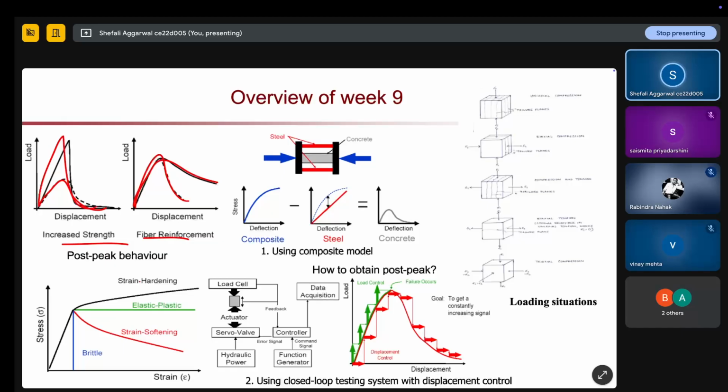In the brittle case, once it reaches the peak position, it will suddenly fail. If it is coming in this direction, we call it strain softening. If it is going in this direction, it is strain hardening, as we see in our steel system. And if it goes like this and then straight, it is the elastic plastic region.